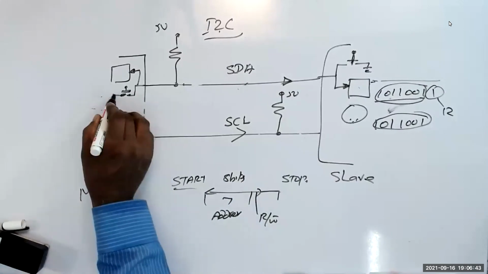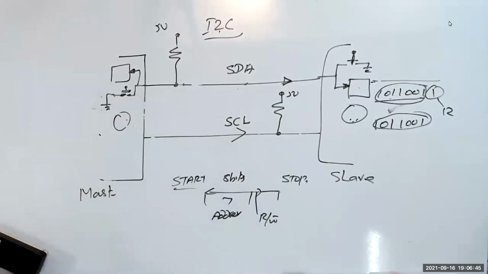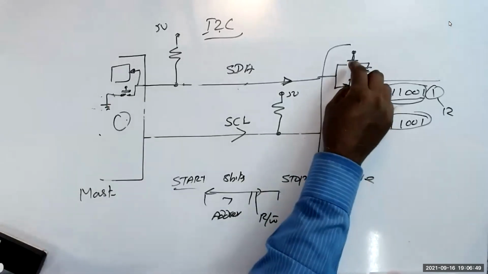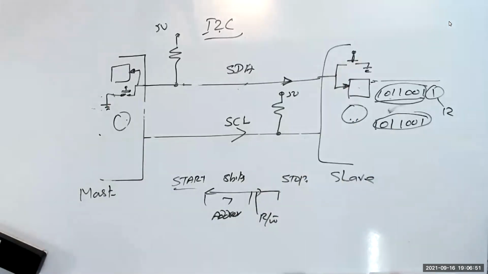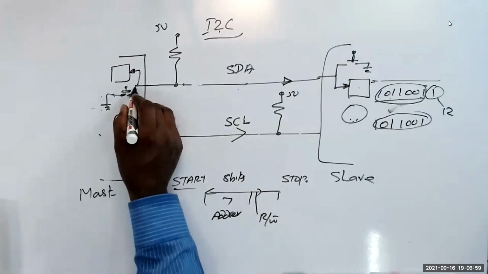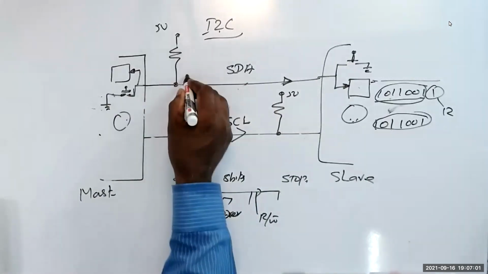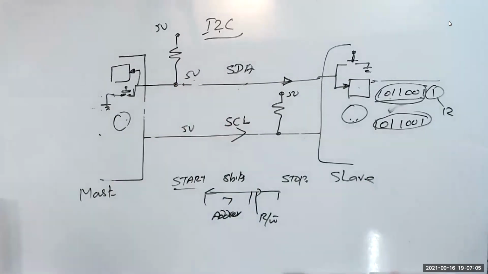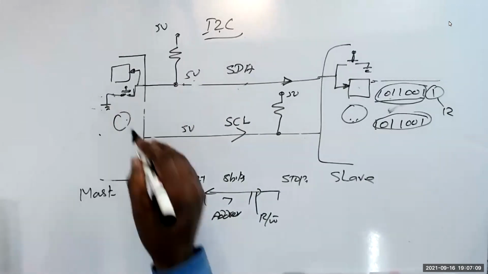When the master is not pushing the switch, or the slave is not pushing the switch, what is happening? When both of them are not pushing the switch, this line is open. At that time it is pulled up to 5 volt. So by default, the line is 5 volt. Now, I push the data, I transmit.